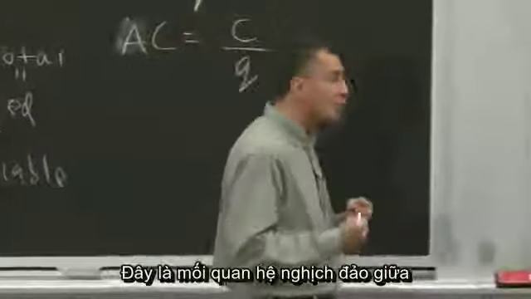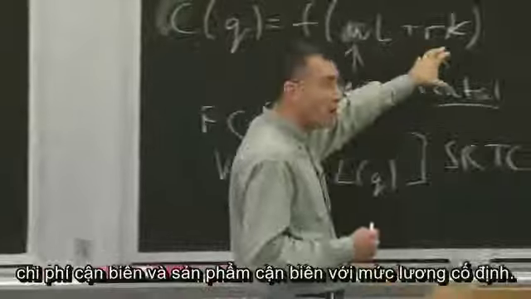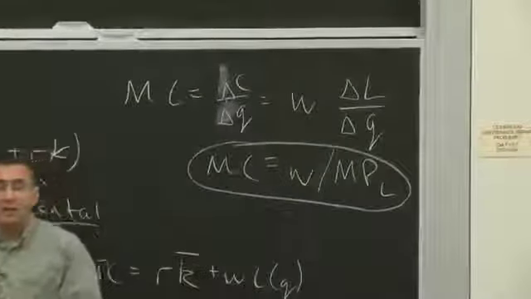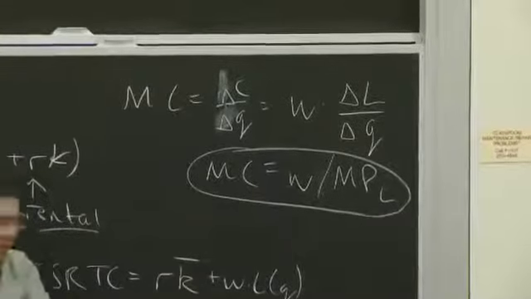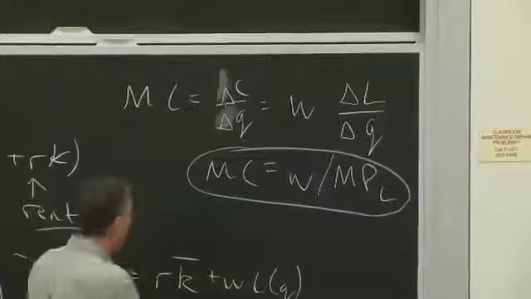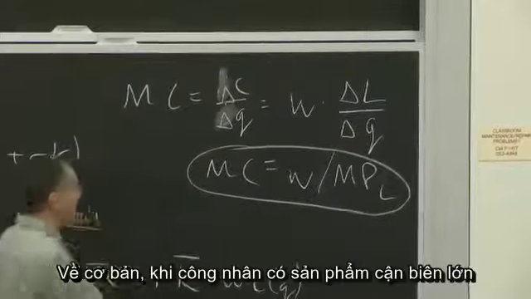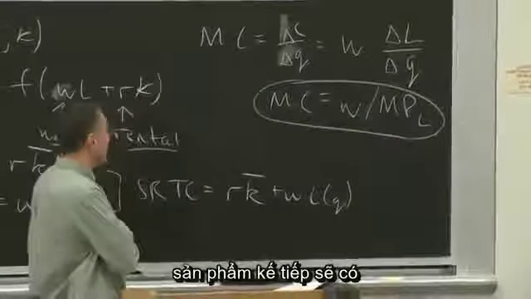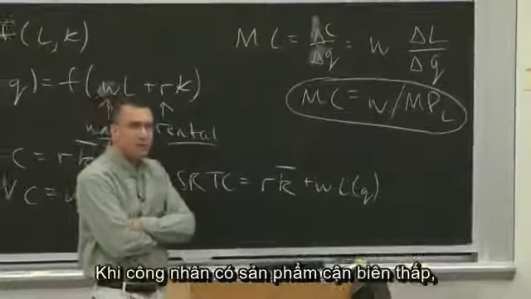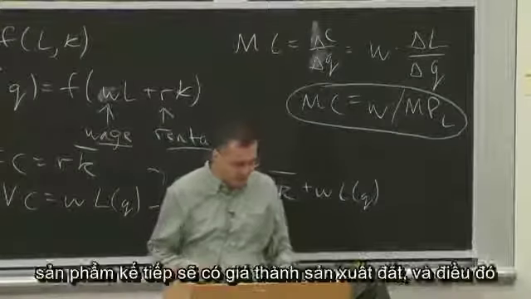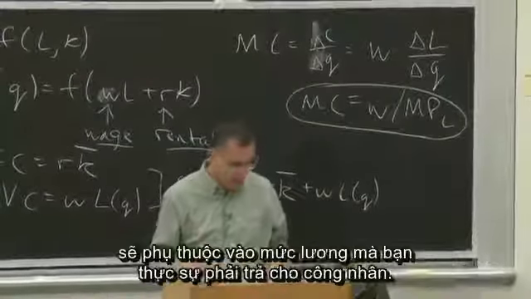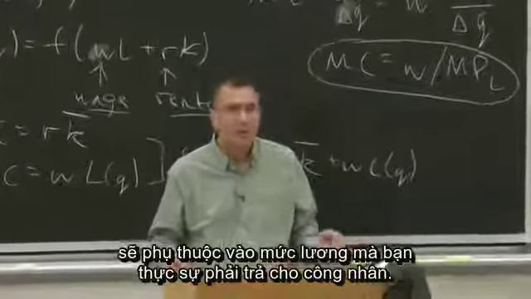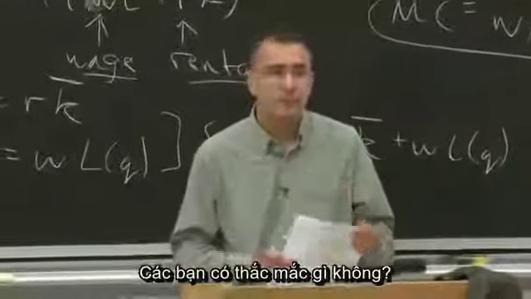So there's an inverse relationship between the marginal cost and the marginal product, where the wage is the constant that scales that relationship. When workers have a high marginal product, it's cheap to produce the next unit. When they have a low marginal product, it's expensive, and that depends on what you actually have to pay the worker. Questions about that?